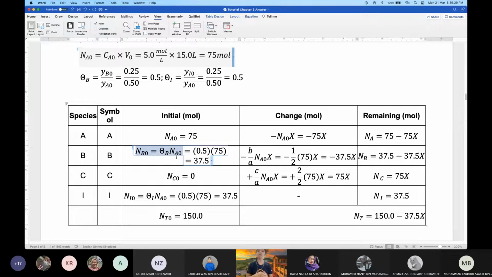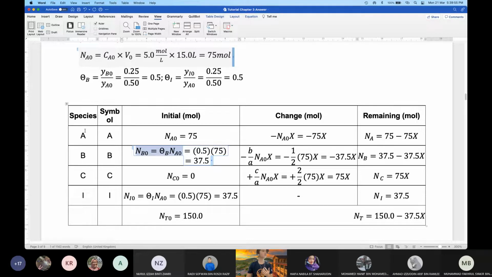So how much ni depends on the question. Are you given in terms of concentration ke, number of moles ke, you are given in terms of mole fraction ke, it depends. Okay, dalam soalan ni we are given in terms of mole fraction. Kan ingat dia kata initially 50 mole percent A, 25 mole percent B, 25 mole percent inert.